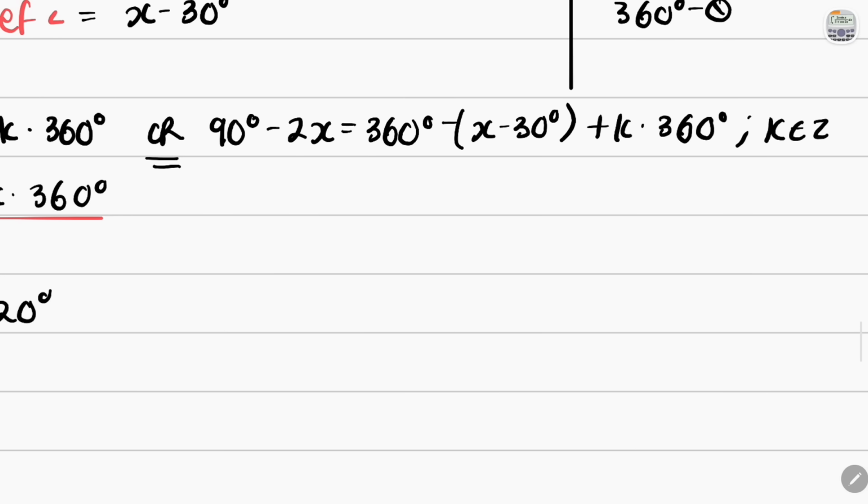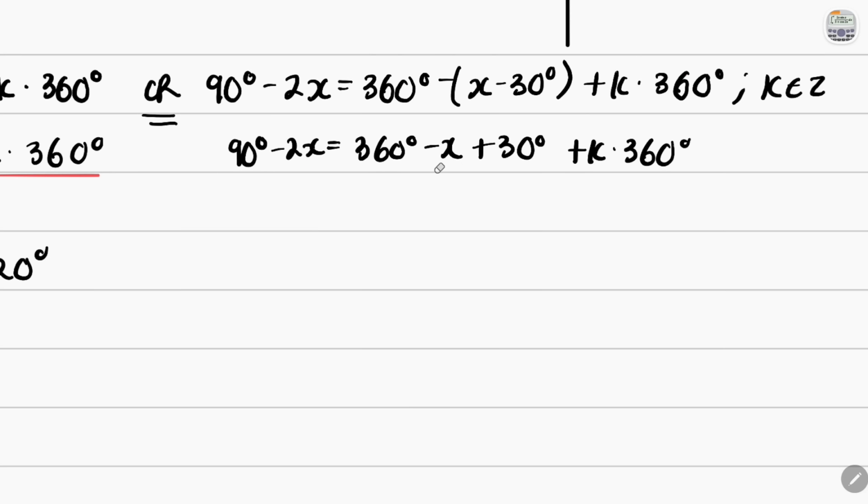Or, over here we have 90 degrees minus 2x equals 360 degrees minus (x minus 30 degrees) plus k times 360 degrees. When these get added, they become 390 degrees. But if 90 degrees comes over, it becomes negative 90 degrees. So we have 300 degrees here.